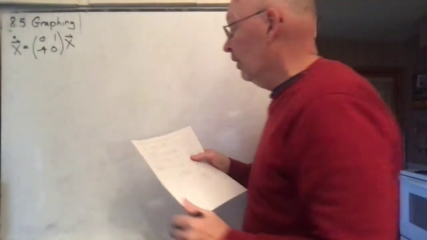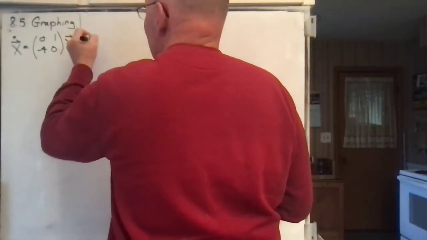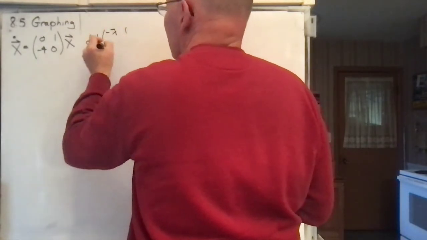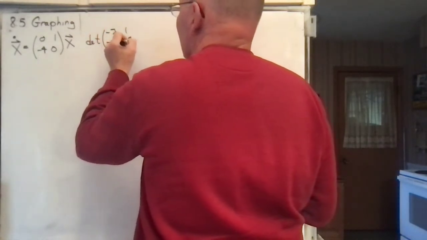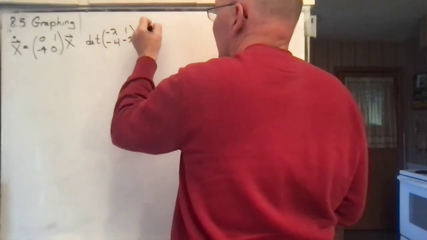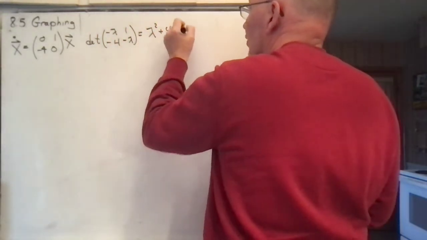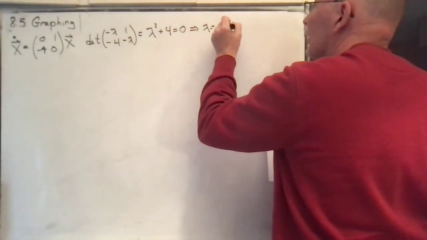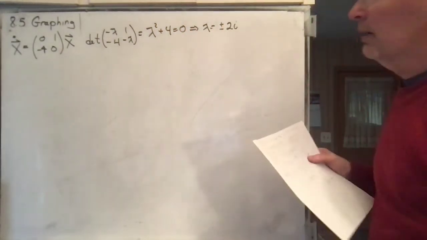But what I do want to do is find the eigenvalues. So it's going to be minus lambda, 1, negative 4, minus lambda. And you're going to end up with lambda squared plus 4 equals 0. And so, of course, you get lambda is equal to plus or minus 2i. Okay?